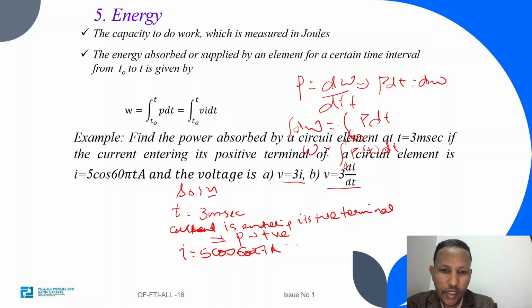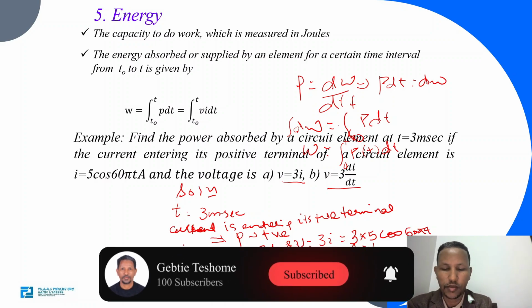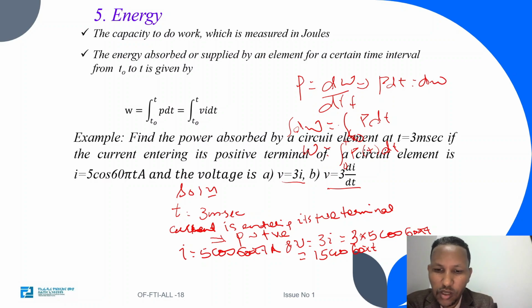And v is given by 3i. So 3 times i, which is 5 cos 60 pi t. So v should be given by 15 cos 60 pi t. So what should be the power? Power should be v of t times i of t.